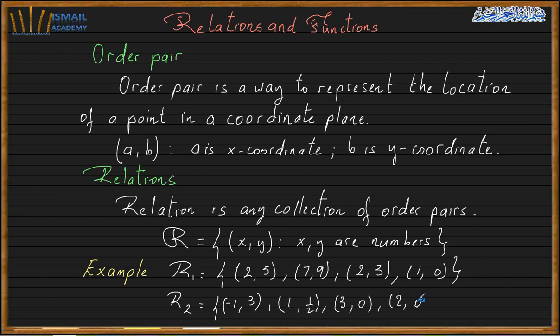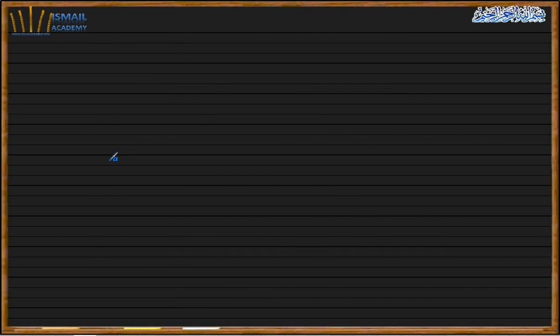So those are just examples of the ways to represent a relation. There are several ways to represent a relation.